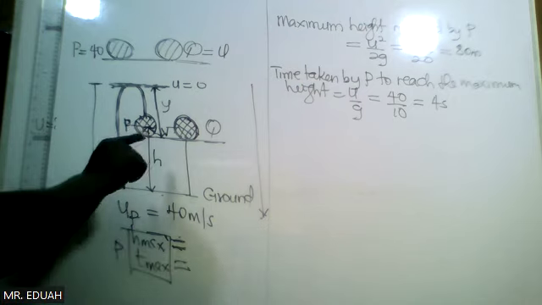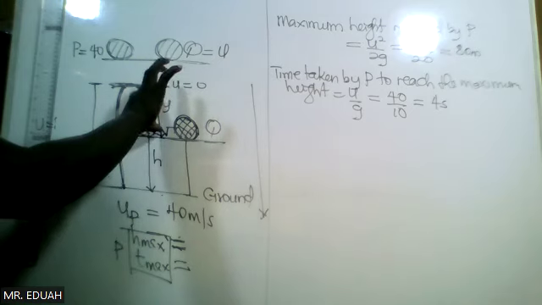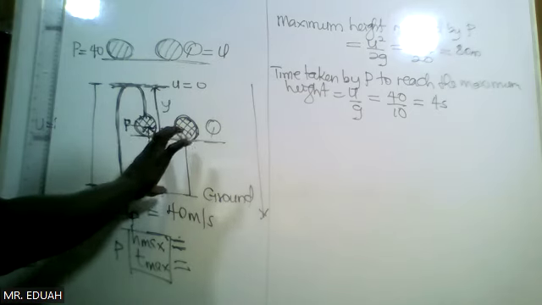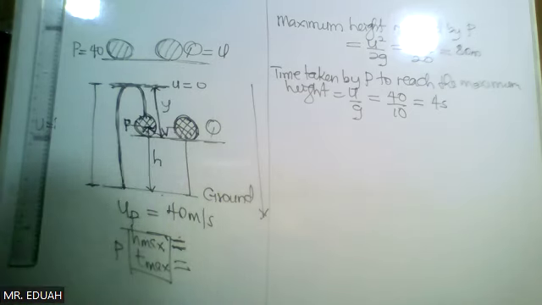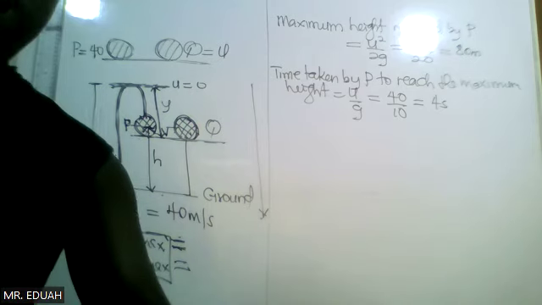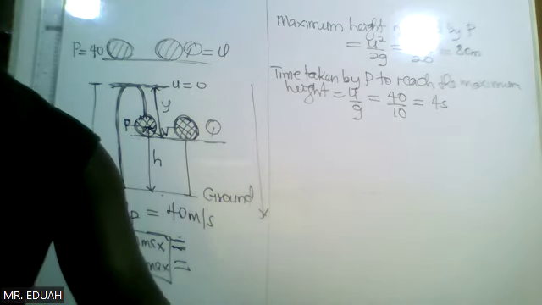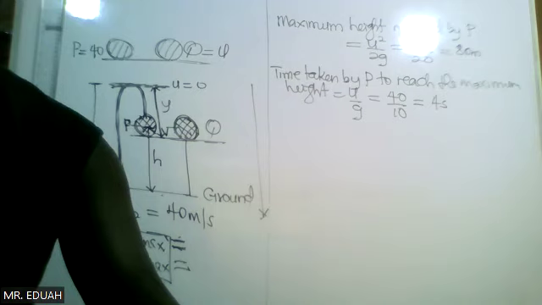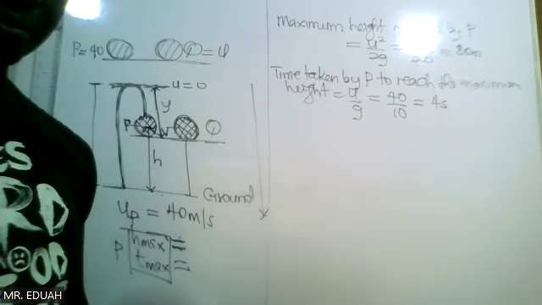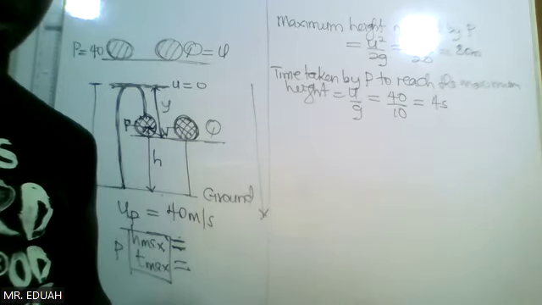Then if you're able to find y, you calculate the height where they cross. What have you had for y?